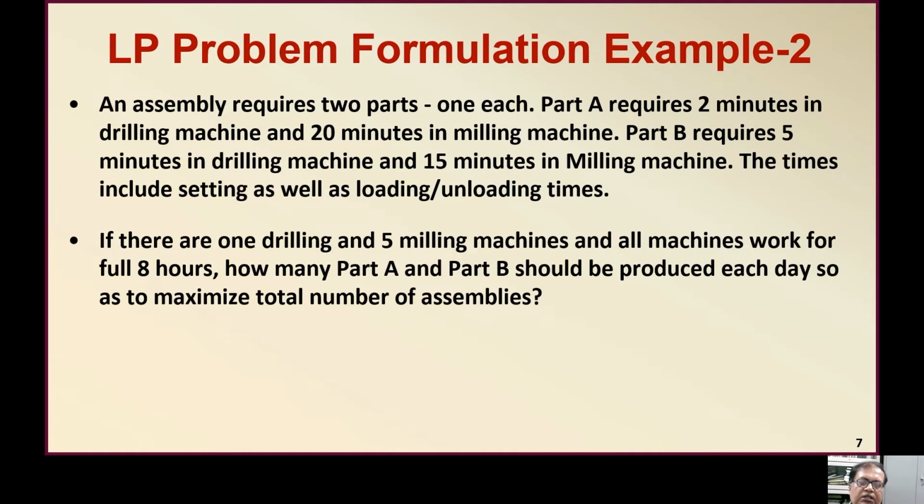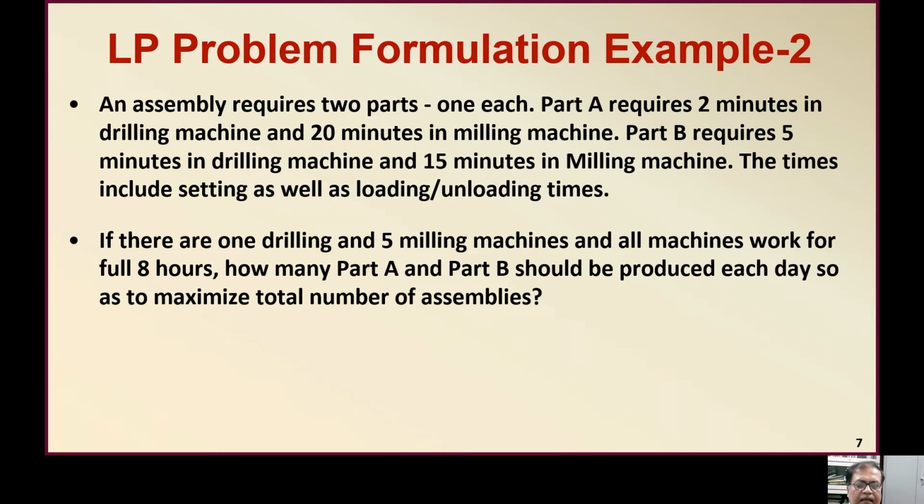So how many drilling machine hours are available with us? 8 hours. How many milling machine hours are available? 8 into 5, that is 40 milling machine hours. So 8 drilling machine hours and 40 milling machine hours are available with us.